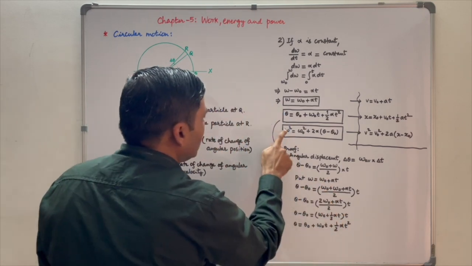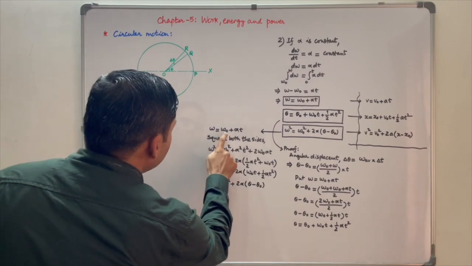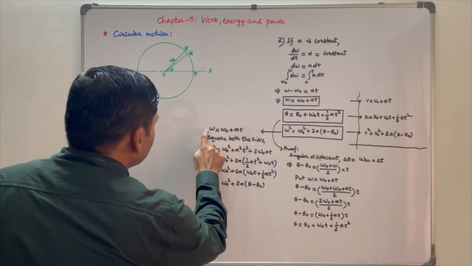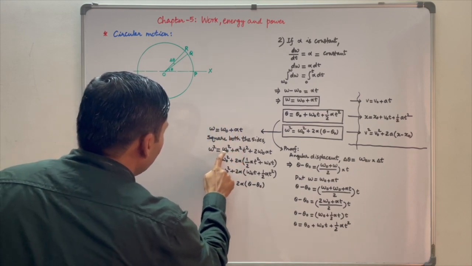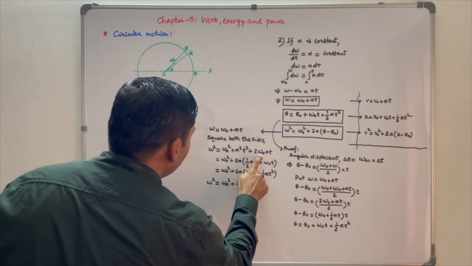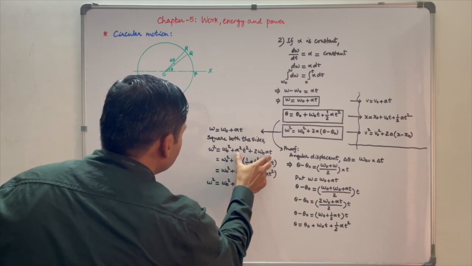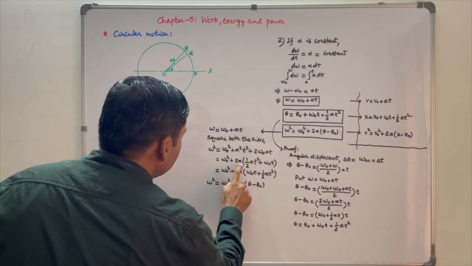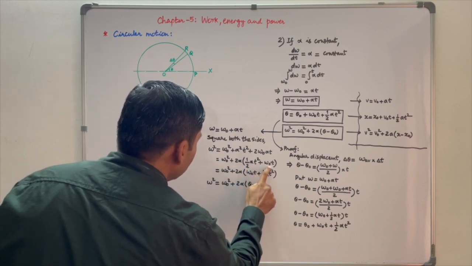Now let us see proof of third equation. First equation is omega is equal to omega 0 plus alpha t. Square both sides of the equation. So we get omega square is equal to omega 0 square plus alpha square t square plus 2 omega 0 alpha t. Take 2 alpha common in these two terms. So we get 2 alpha into, inside the bracket, 1 by 2 alpha t square plus omega 0 t.